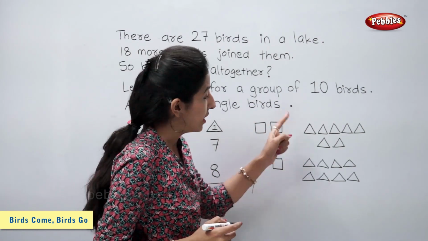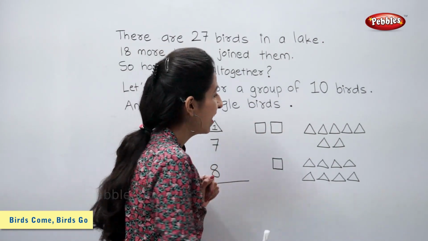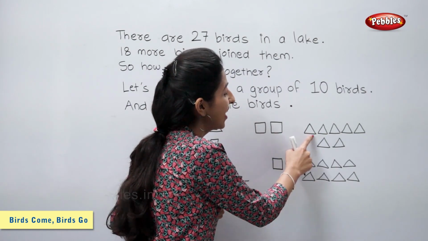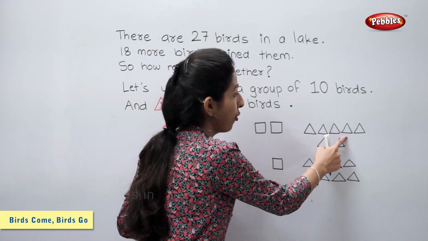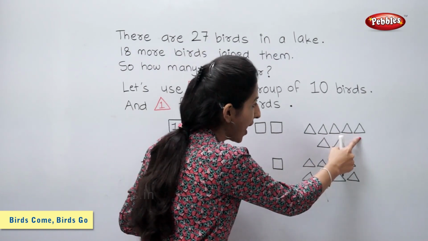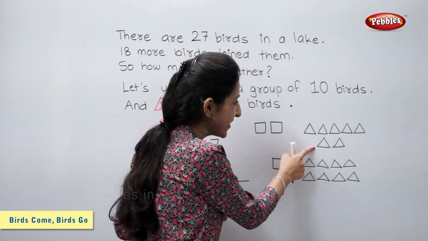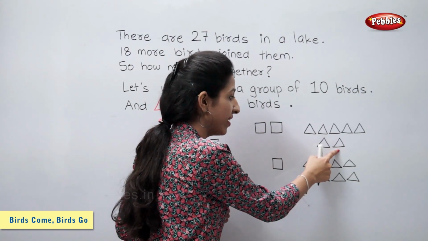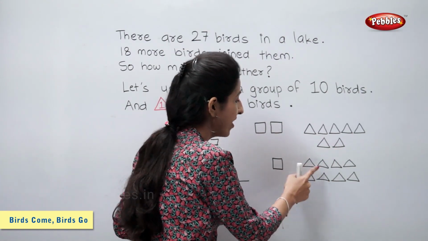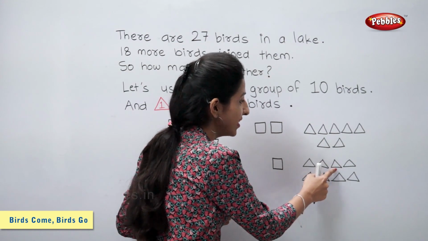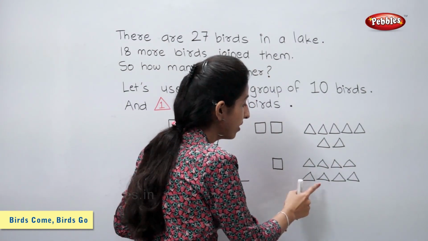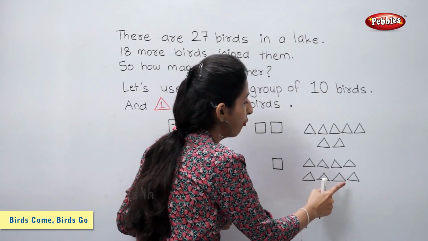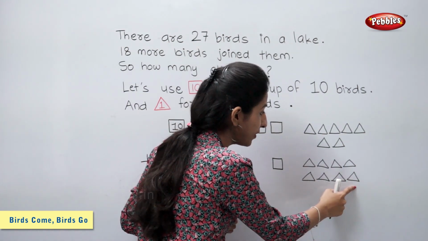Let us count number of triangles first. 1, 2, 3, 4, 5, 6, 7, 8, 9, 10, 11, 12, 13, 14 and 15.